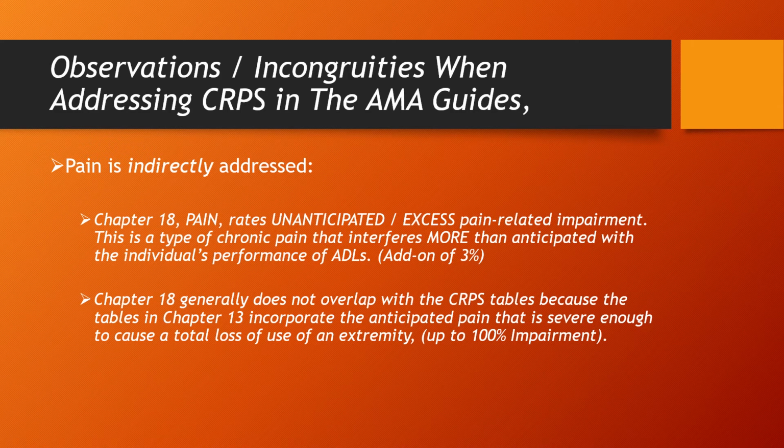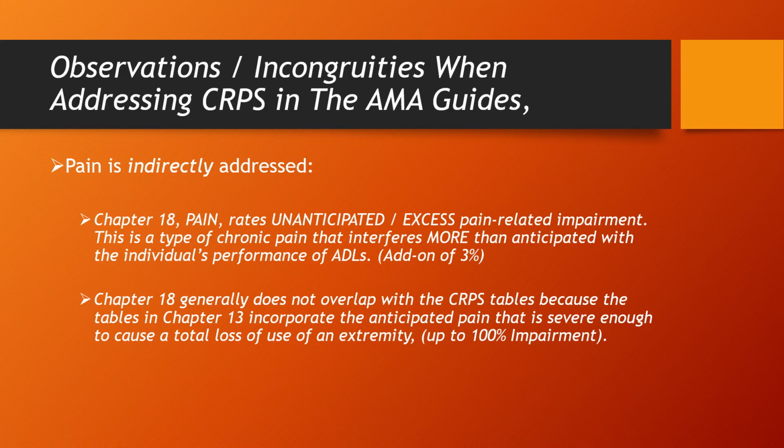They say it's a chronic type that interferes more than anticipated with the individual's performance of ADLs. And if you recall, we have that objectivity, but we also have some subjectivity involved that we can add a 3% pain-related impairment. And those are generally due to how they are affected by their activities of daily living.